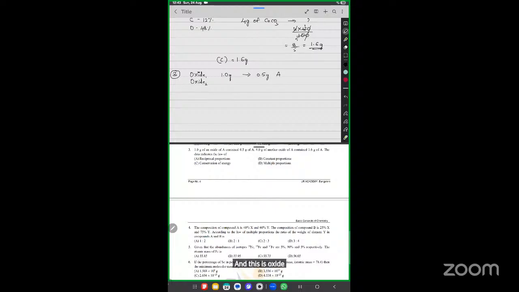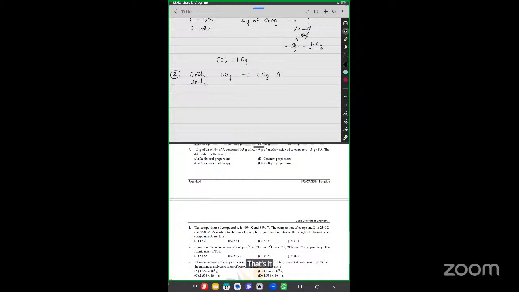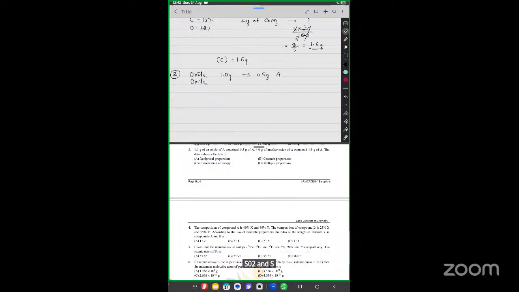Can you tell which law should hold good if we are taking two different oxides? Multiple proportion. That's it, right? So you can directly see conservation of energy is not here. Constant proportion doesn't hold good if we are taking two different oxides, say for example, CO and CO2, SO2 and SO3. Therefore, the multiple proportions holds good.